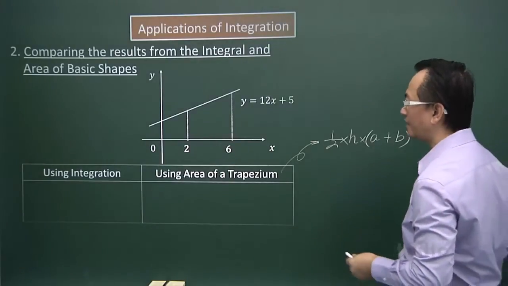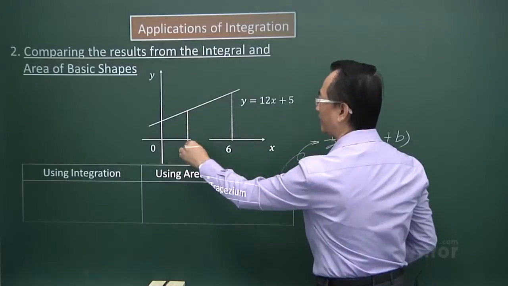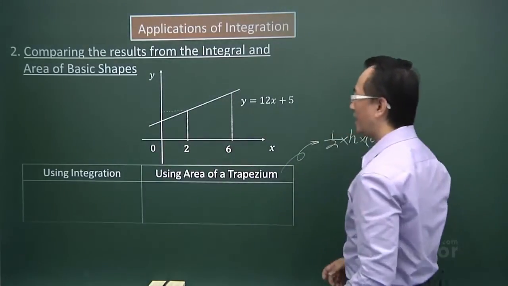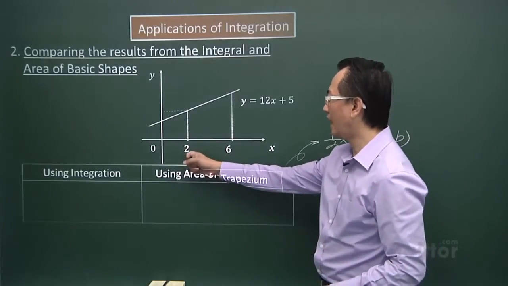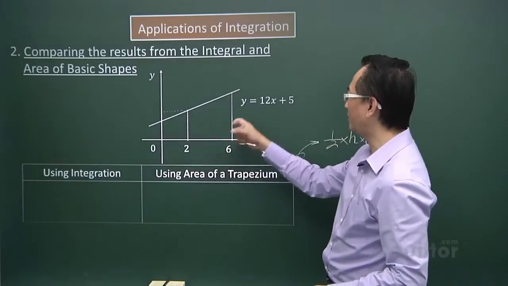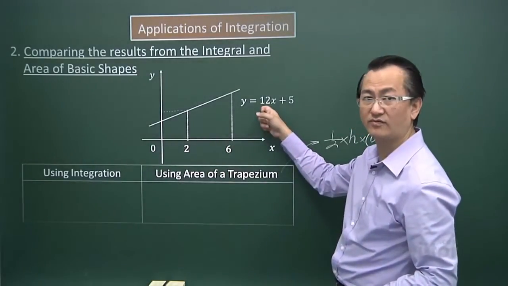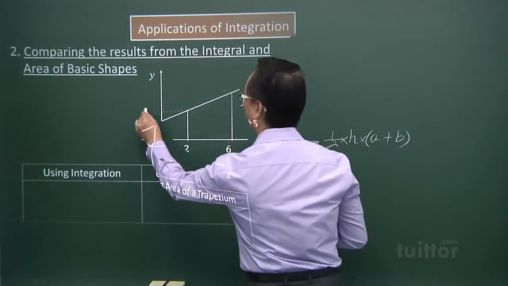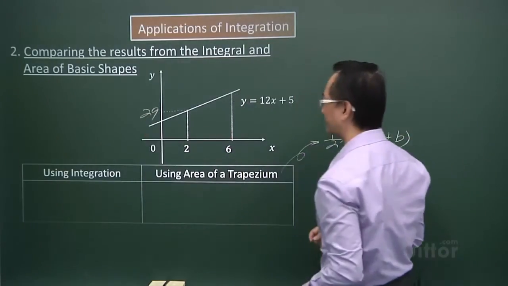So to find that length, I will have to put in x equals 2 in there. So 2 times 12 is 24 plus 5, 29.